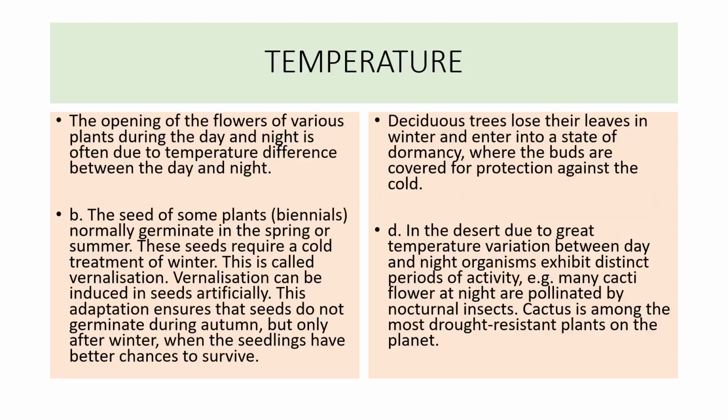So the temperature affects the opening and the closing of flowers. Then the seeds of some of the plants require the winter season for their germination. They germinate in the spring or the summer season, but their seeds require the winter season before germination.